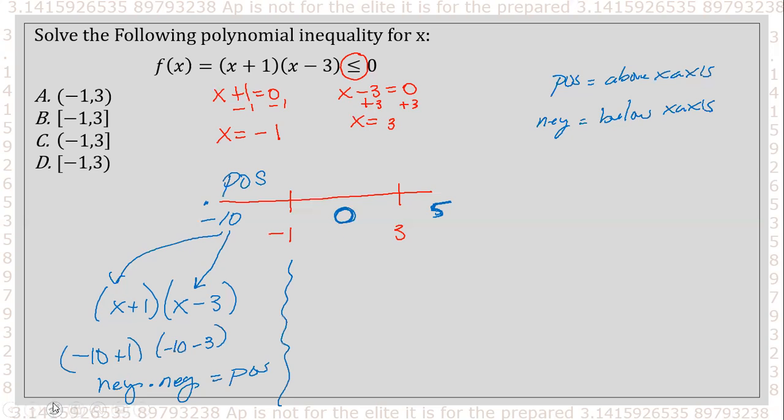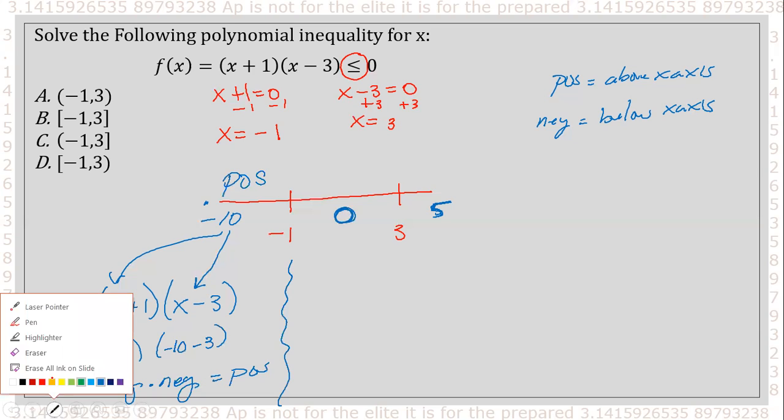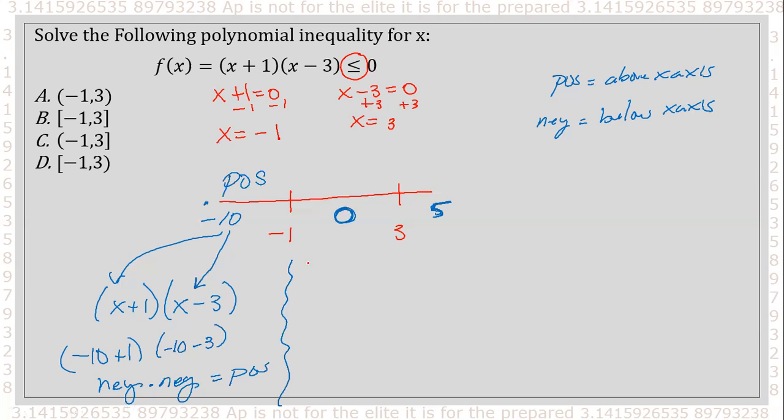So hopefully you're able to see that if I substitute a 0, I'll do it with a different color. I got 0 plus 1, 0 minus 3. 0 plus 1 is 1, which is positive, and 0 minus 3 is negative. So positive times negative is negative. So all of this between negative 1 and 3 is negative.